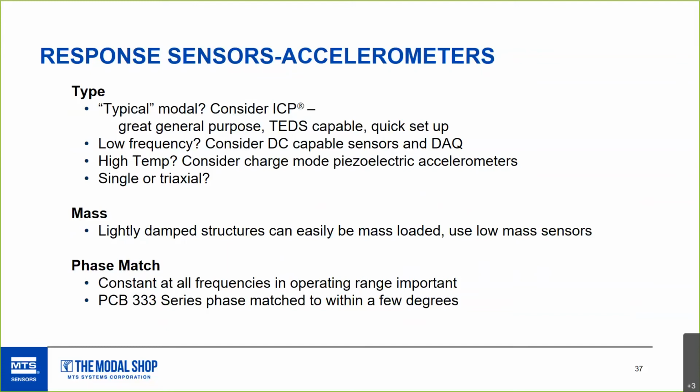And then phase match is an important thing for response transducers, the accelerometers. Like a PCB, for example, we have a 333 series where they're closely phase matched, just within a few degrees. If you're doing modal, phase is an important characteristic that isn't often important for other people doing general vibration testing. So keep that phase consideration in mind when you're selecting transducers.